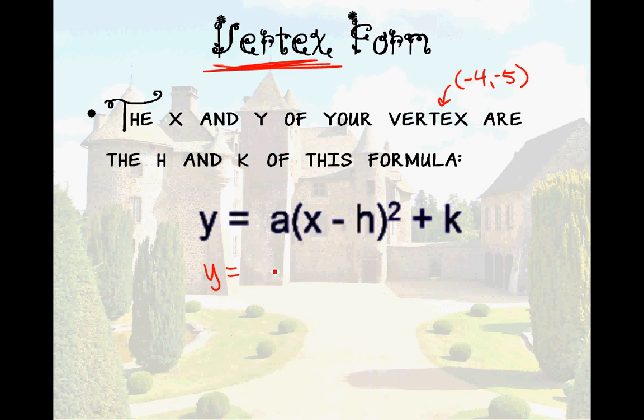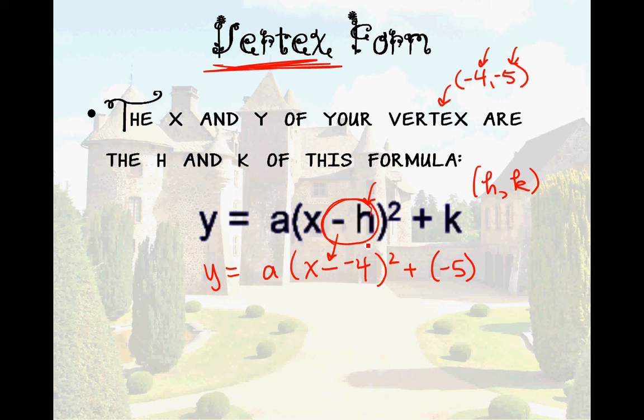So mine would be y equals a times x minus, so that minus stays the same, -4, this is your x value of your vertex, plus k, which is -5. So this is your y value. So you see that our vertex is just going to be h comma k. Be very careful that when it's in the equation, this sign is different. So your final answer would be y equals a times (x plus 4) squared minus 5. Okay?